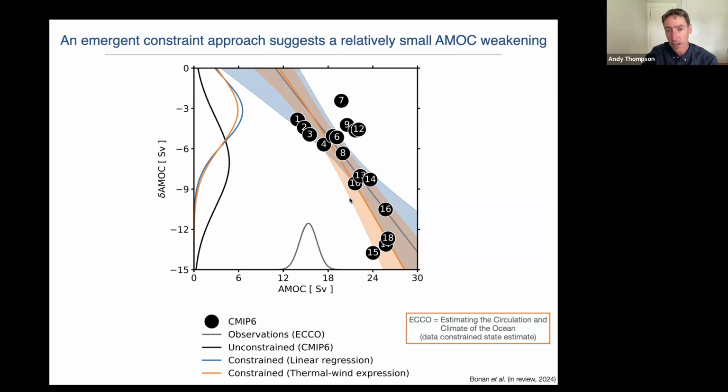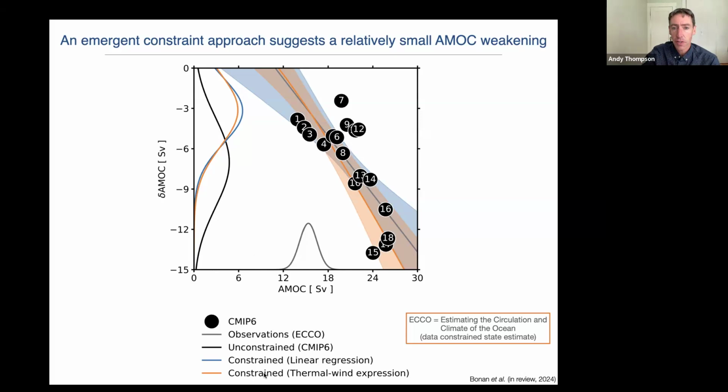And that's what's shown here as this gray curve with these blue bars showing 2 sigma standard deviations. And you would get, in terms of a distribution of potential AMOC changes, this black curve here, which is fairly broad, but predicts a pretty substantial AMOC weakening on the order of, say, 8 to 10 sverdrups.